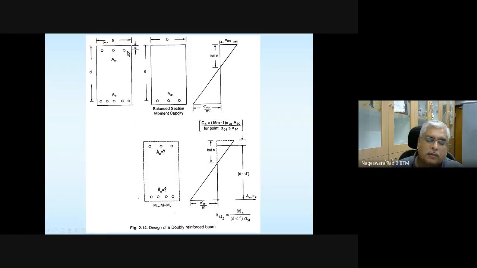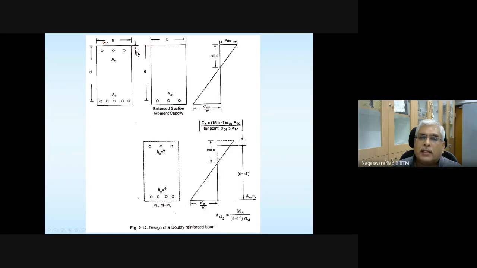Please note that when we have this compression steel, we also need to know the stress in concrete at the level of compression steel, from which we can calculate the stress in steel at that level.